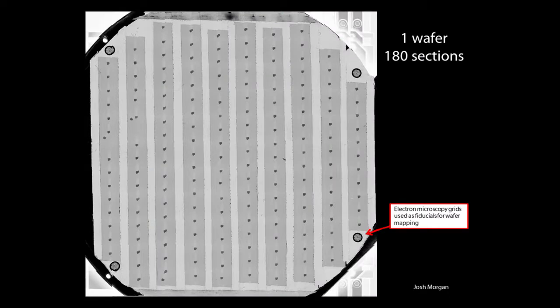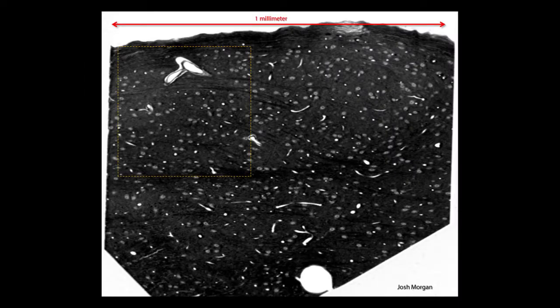Here's what one of those wafers looks like. Each of these sections is 30 nanometers in front of the section before it. If we zoom up on one of those sections, in this case it's about 1 millimeter by 1 millimeter. These are blood vessels here. These are nerve cells. This is a very low resolution picture. But in this region here, we took the image at enough resolution to see every synapse.